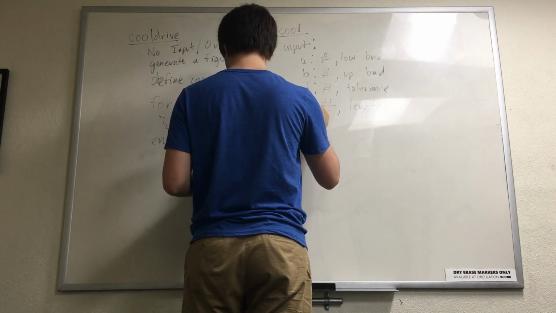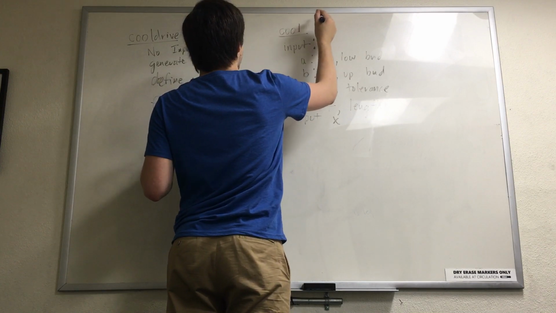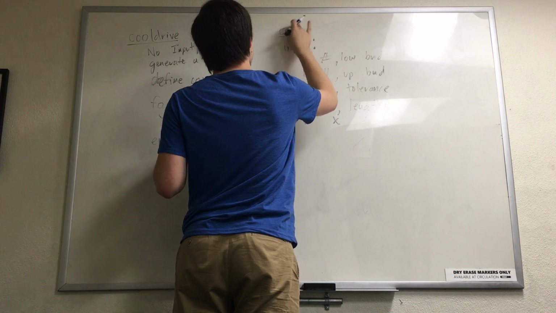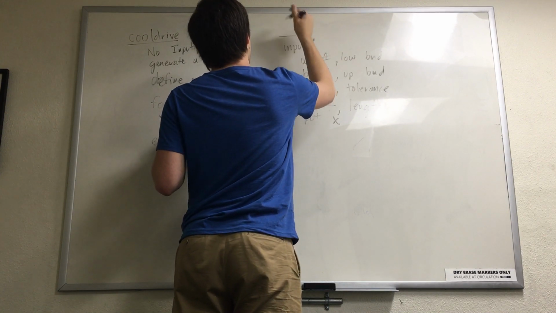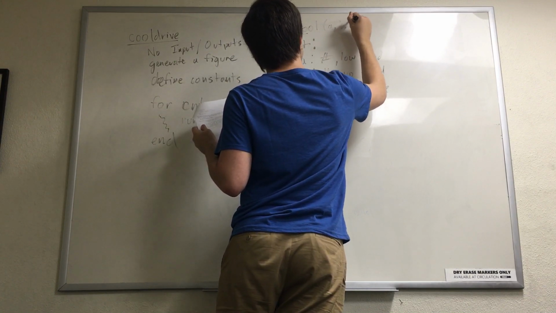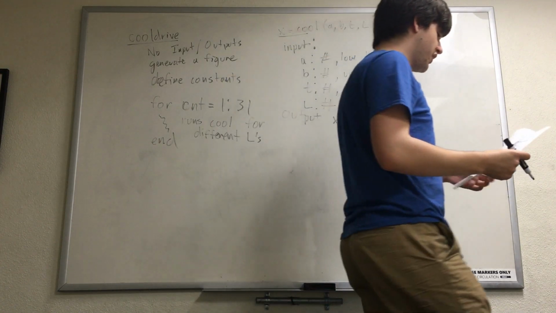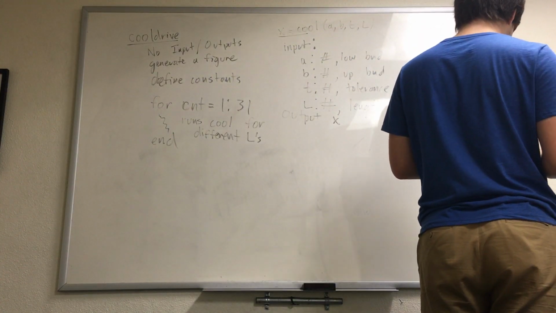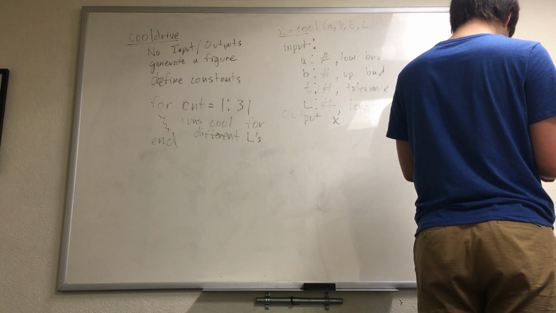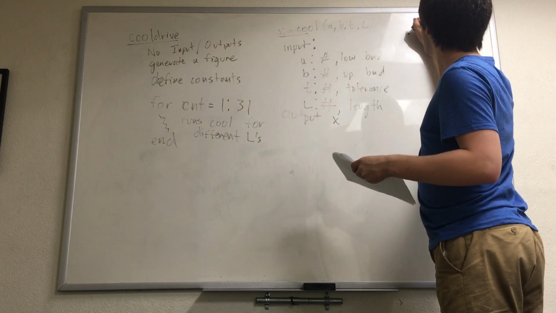And the output will be X, right? So the first line of cool is going to look like X is equal to cool of A, B, T, L. Okay? Cool fun, I think might be completely given to you, but I'm not doubly sure. Yes, so they completely give you cool fun.